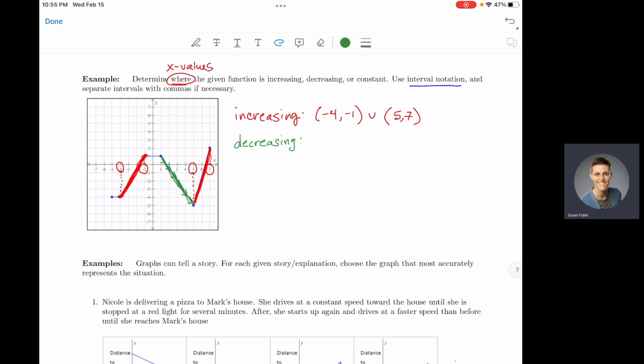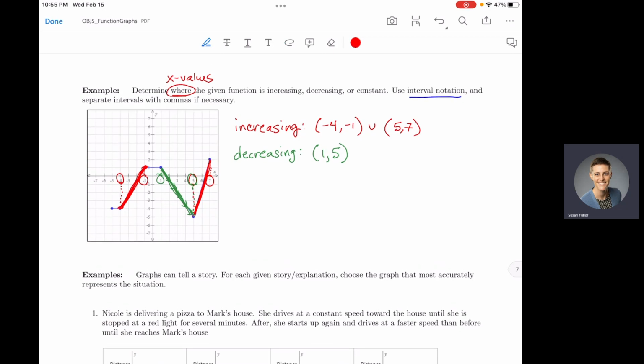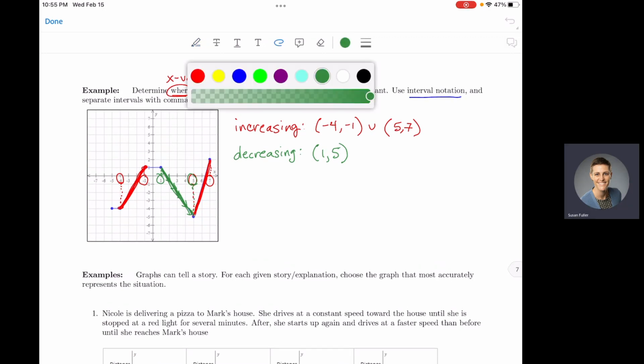And again, we're going to refer to this by the x values that are covered. So this starts at x equals 1 and covers all the way to x equals 5. So we're decreasing from x equals 1 to 5. And again, not including the endpoints because we're not actively decreasing there. We're in transition and making a turn.